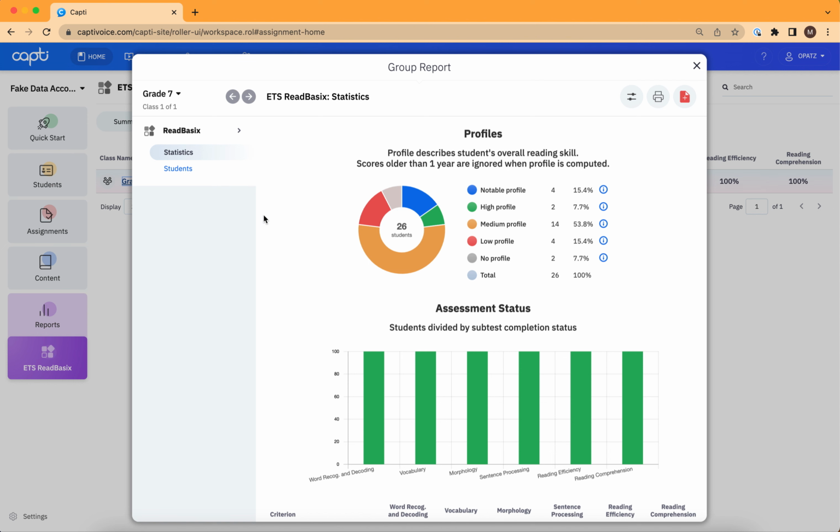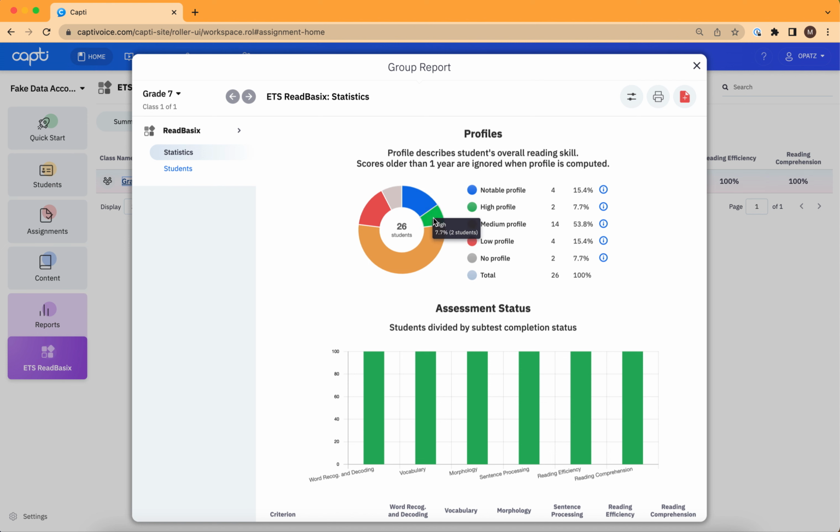So I'm clicking into my 7th grade class, and I see initially that there are these profiles. There's notable profiles for students who score at extreme ends of the scale on various subtests.